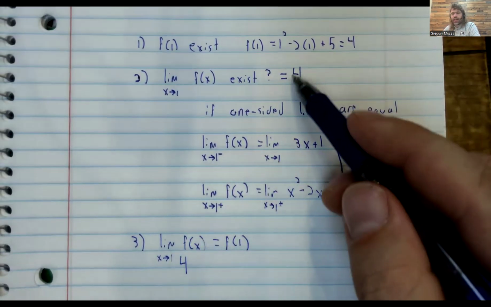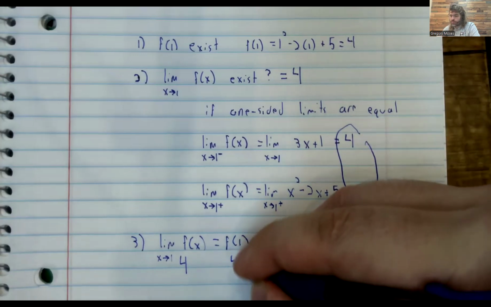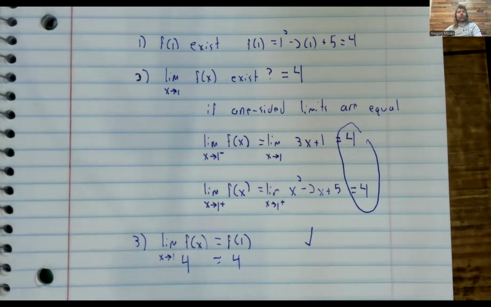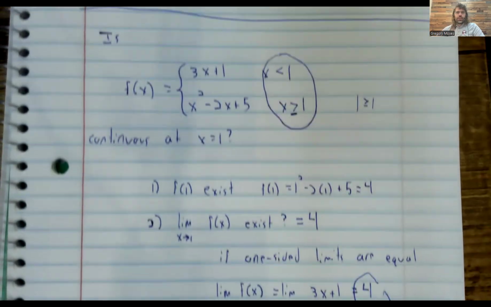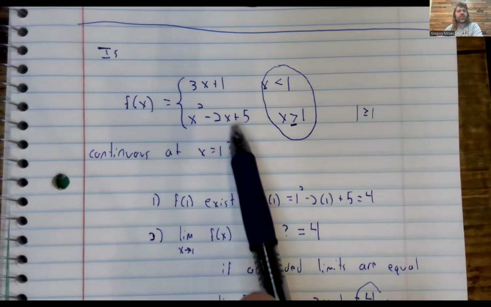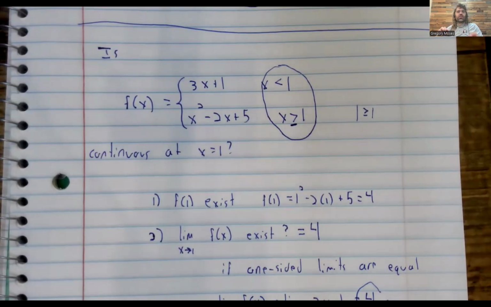And f evaluated at 1 is 4. And 4 does equal 4. Check. So this is an example of a piecewise function that is continuous at the joint. It is continuous at 1.